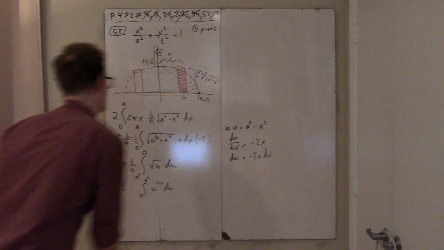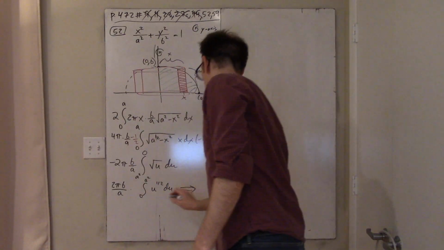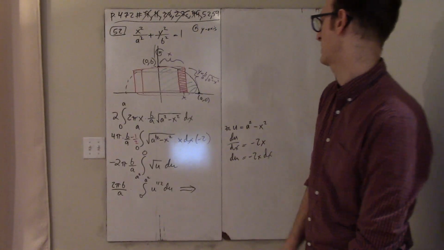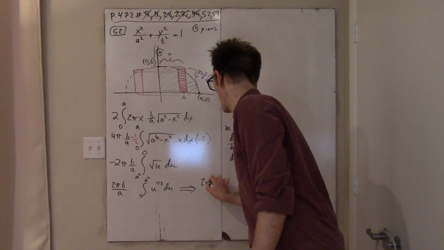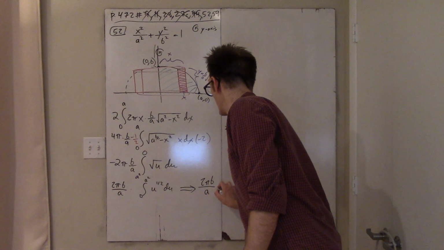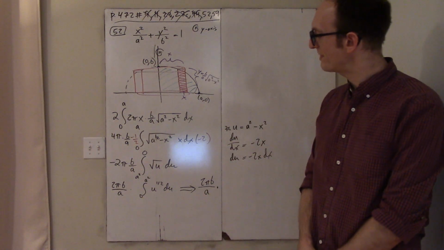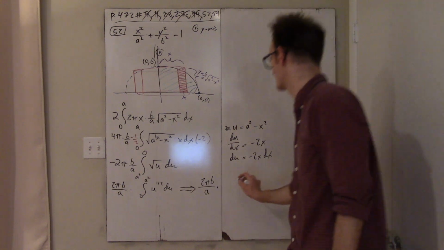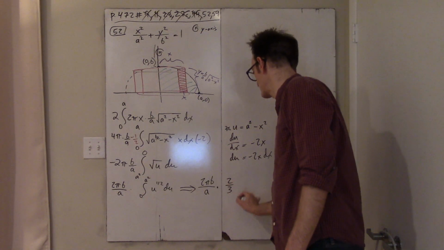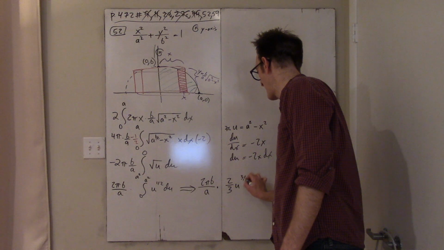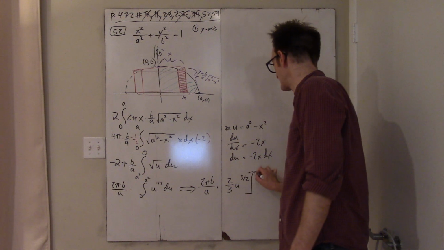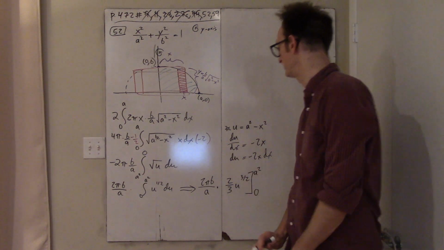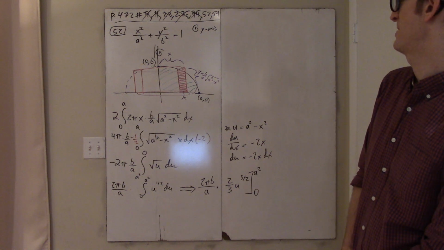And now, running out of space a little bit, so I'm going to go sideways for a moment. So this is 2 pi b over a times, what's the derivative of u to the 1/2? Of course, you go up to 3/2, so it's going to be 2/3 u to the 3/2. But evaluated at a squared and 0, going kind of fast, but maybe everyone can follow this.